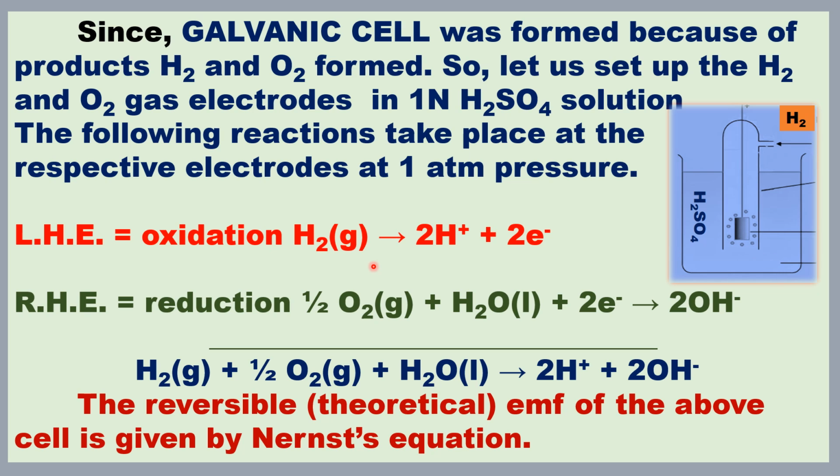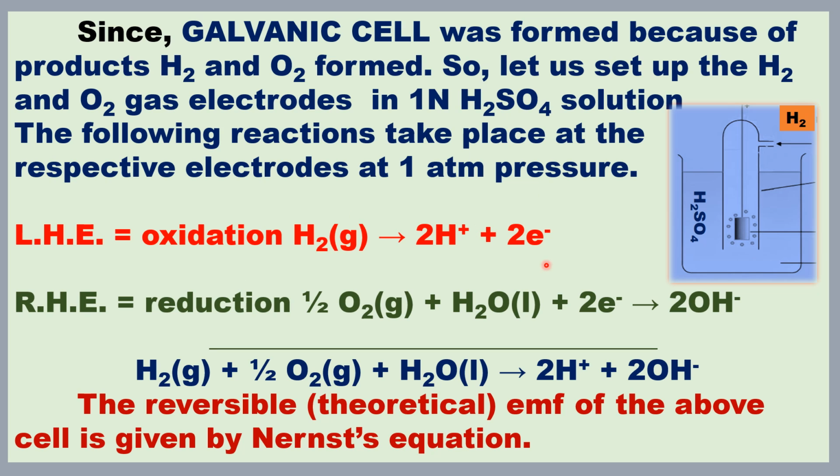Here you see H2 at the cathode in the electrolytic cell. Now in the galvanic cell it becomes the anode. The cathode where H2 gas is formed, in reverse it forms an anode. So that is the reverse potential.